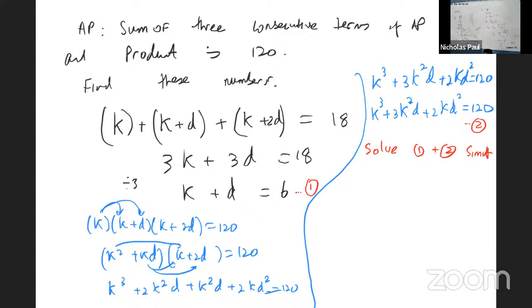All right. I know it's looking hard, but I wanted to try it. Make D the subject. D is equal to 6 minus K.